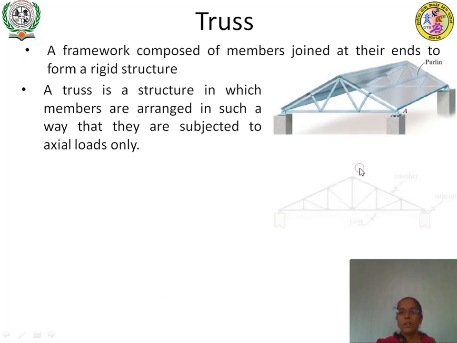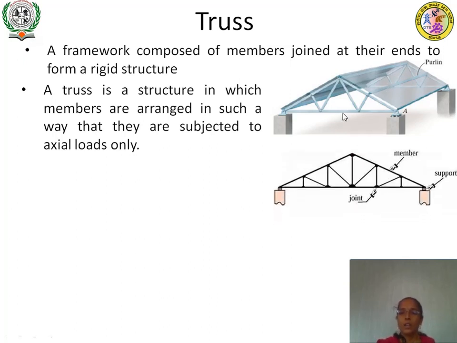If you take this cross section, this may be a different pattern of a truss. These individual elements are called members of a truss, and these are the joints of a truss.